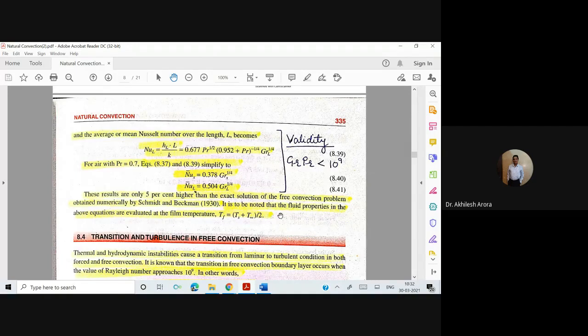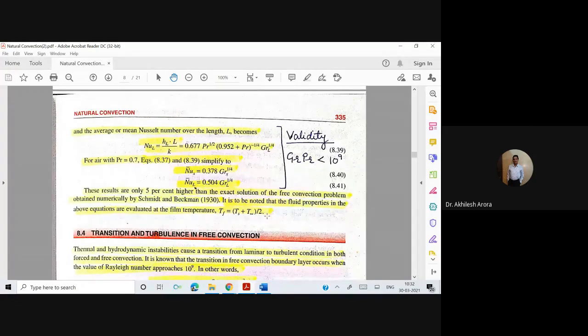Whenever we have to calculate any properties, we will take this temperature, which is known as the film temperature. And the value of beta, which I have told you is the volumetric expansion coefficient, will be equal to 1 by Tf. So whenever we are calculating beta, we take its value as 1 by Tf, where Tf is the film temperature.